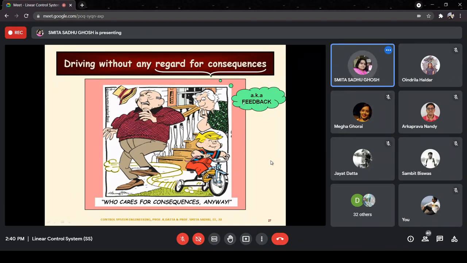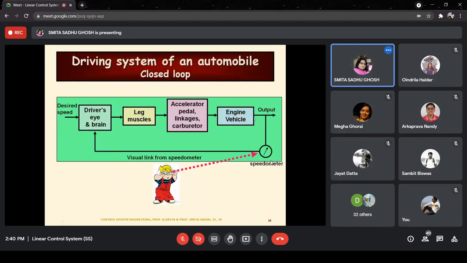So if, for example, in the same model a modification is made in this form, then we see in this diagram you still have this block, that is the accelerator, pedal linkages, carburetor, and the other block with the engine and vehicle, and the output is the speed. It's not written over here, but it's the speed.